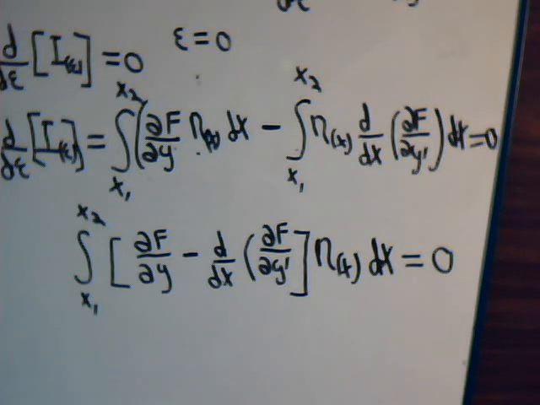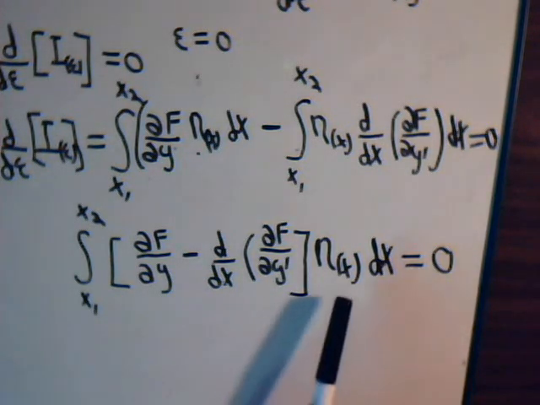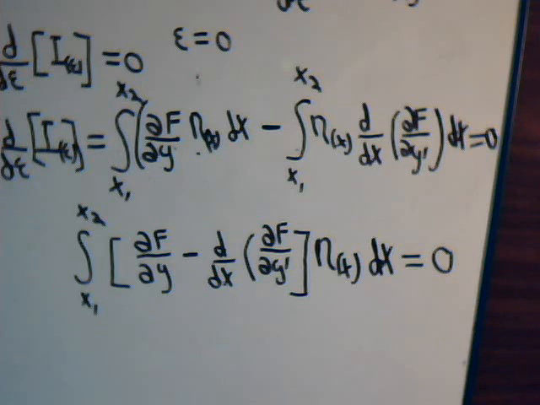And of course, the only way that we could get this integral to come out to be 0 for every single function of x that we could possibly think of to put inside the integral is what's inside the integral then has to be 0. Which means then that this right here has to be equal to 0.